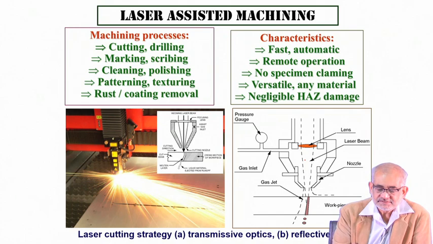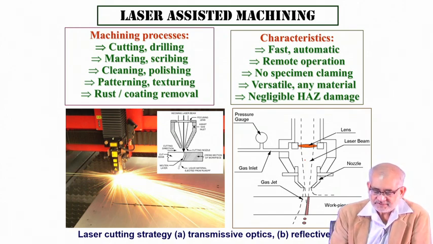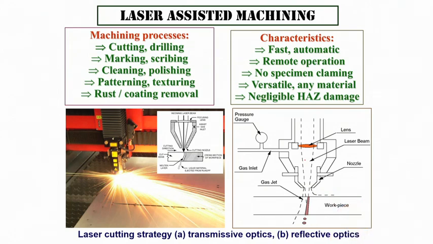So what you need is an incoming laser, and there are two possible strategies. One is transmissive optics, the other one is reflective optics. So you'll have a laser beam which will be incident onto the solid. This is the solid that we are irradiating with the laser beam, and the beam comes through a nozzle, and there could be a flow of gas, either a shroud gas or an active gas like oxygen, surrounding this laser.